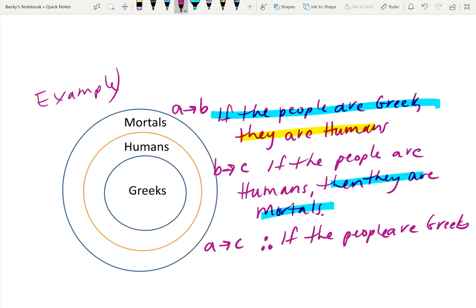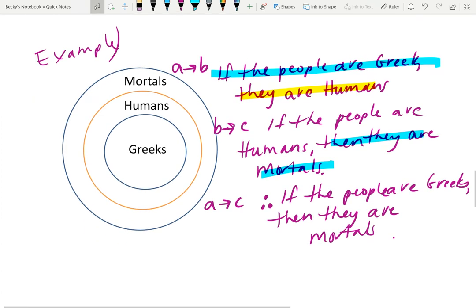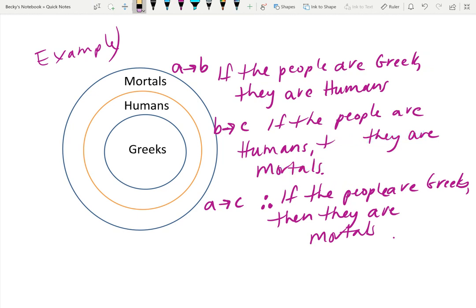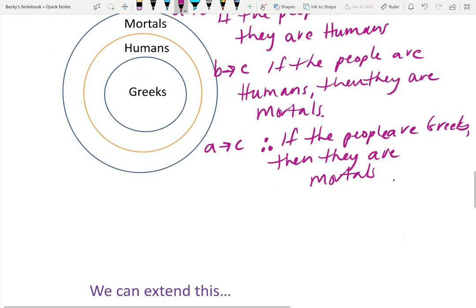So if the people are Greeks, comma, then they are mortals. Done. So when you do it, you have to write it all. I know it's a lot to write, but you have to write all of this if you're going to write out what the Euler diagram represents.